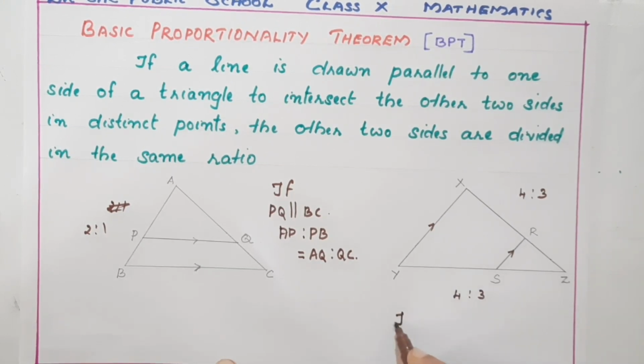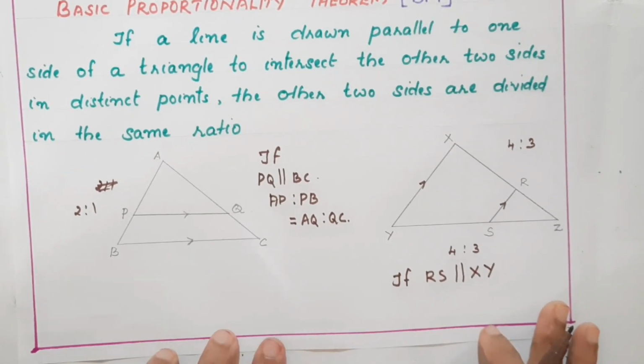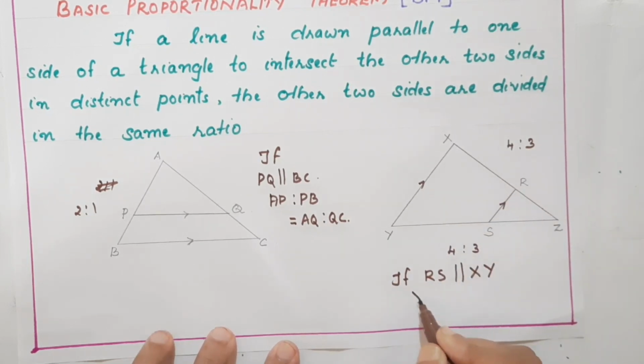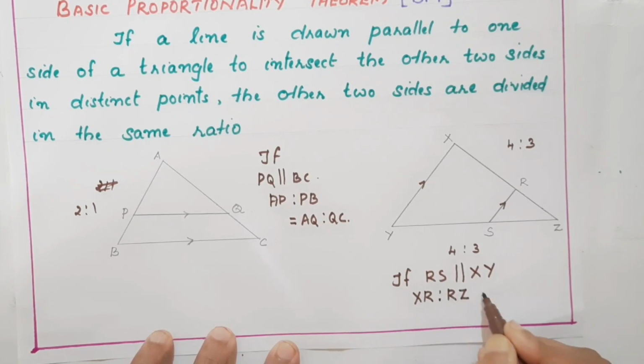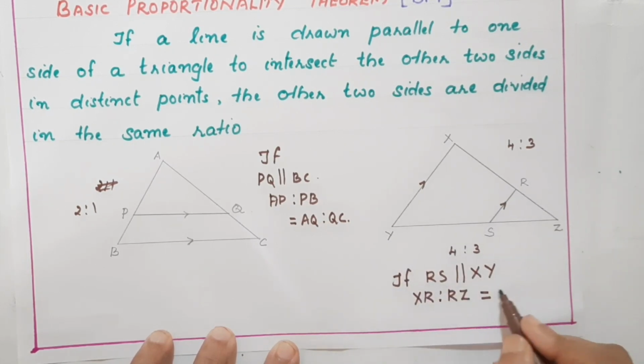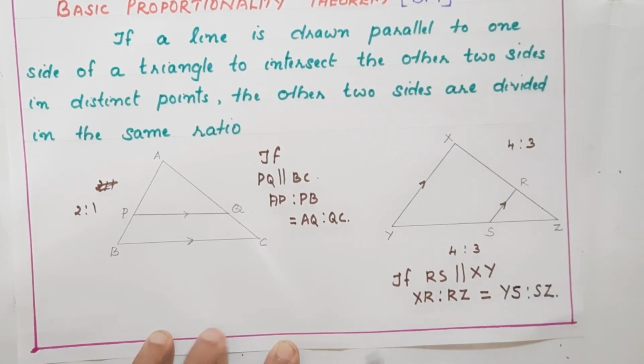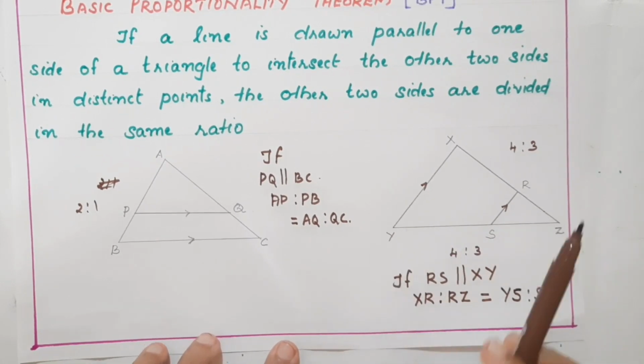So if RS is parallel to XY, then what can we say? The ratios of the other two sides are equal. XR is to RZ will be equal to YS is to SZ. This is called the basic proportionality theorem.